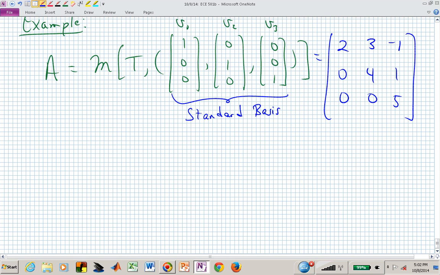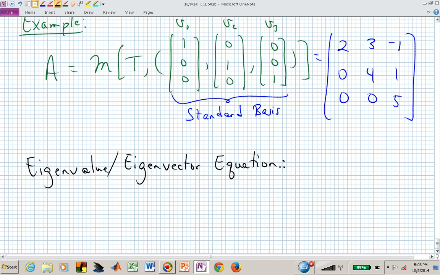Let's now look at what that means in terms of eigenvalues and eigenvectors. If we look at the eigenvalue-eigenvector equation, that now is AX is equal to lambda X, or that says A minus lambda I times X is equal to 0.